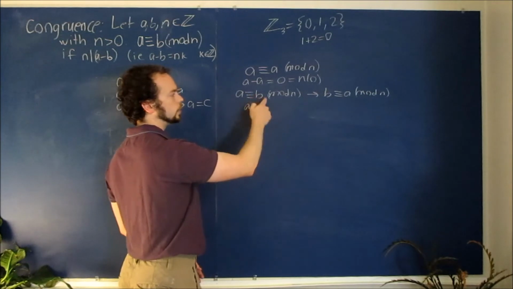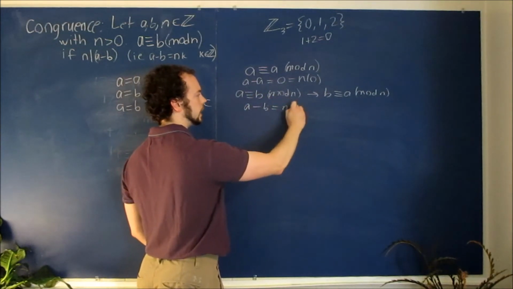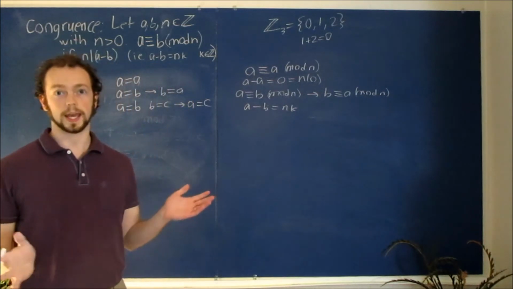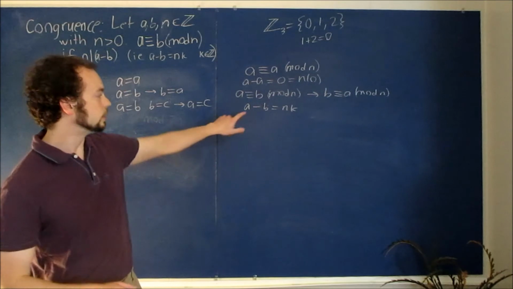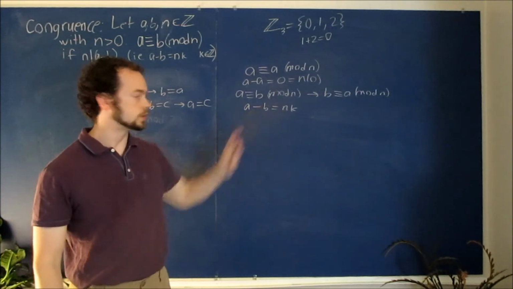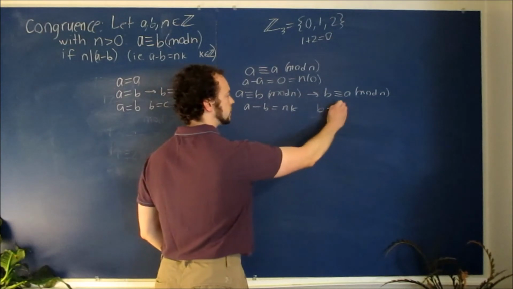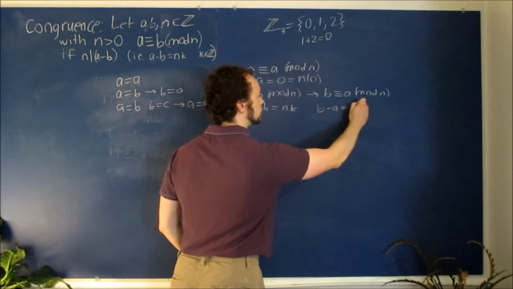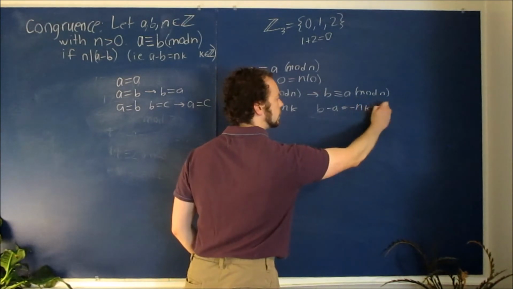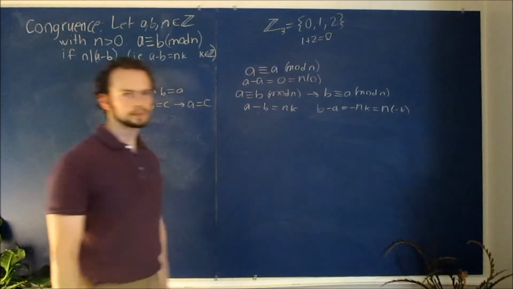A congruent to b mod n means a minus b equals n times some integer, let's just call it k. Now, all I have to do here is just multiply both sides of this equation by -1. And when I do that, I'll get b minus a on the left-hand side equals negative nk, which I can write as n times negative k.